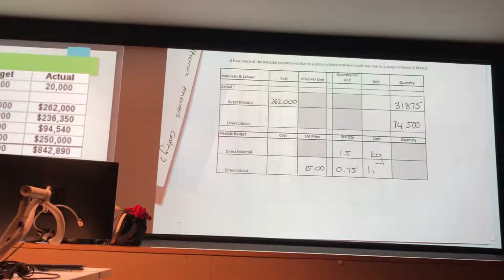So I'd like to point out a few things that you actually have. In this particular case, you have direct labor cost. You also have your flexible budget direct material cost and direct labor cost. Where do we get that?